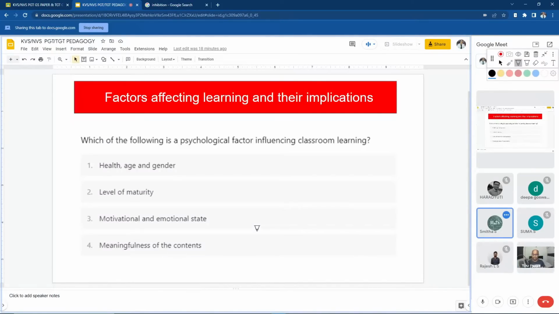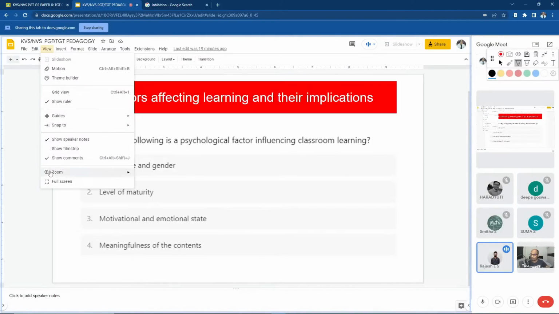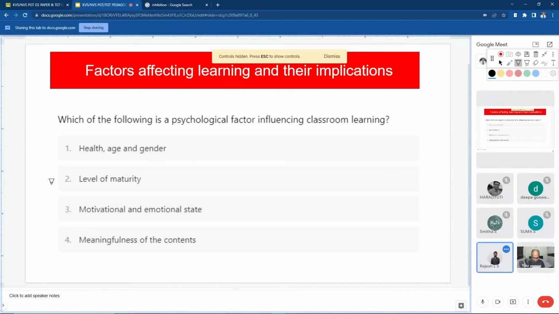Now let us go to the next question. Rajesh sir: which of the following is a psychological factor influencing classroom learning? Options: health, age, and gender; level of maturity; motivational and emotional state; meaningfulness of the contents. Which one is a psychological factor for students?